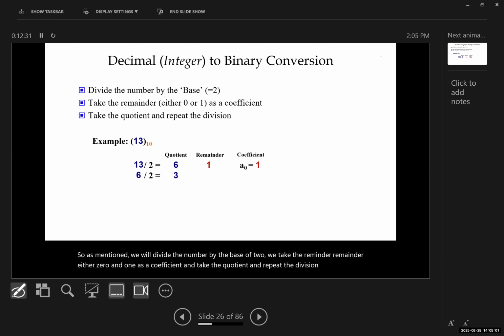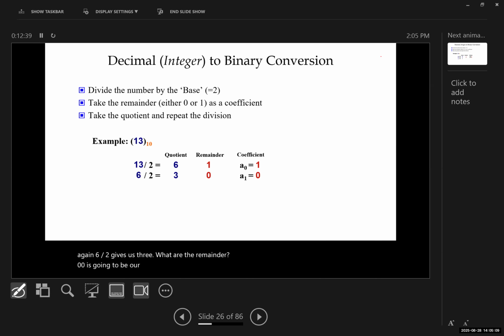So again, 6 divided by 2 gives us 3. What is the remainder? 0. 0 is going to be our coefficient. Again, we divide the quotient 3 by 2. The quotient would be 1, and the remainder would be what? 1. And we keep it as our coefficient.